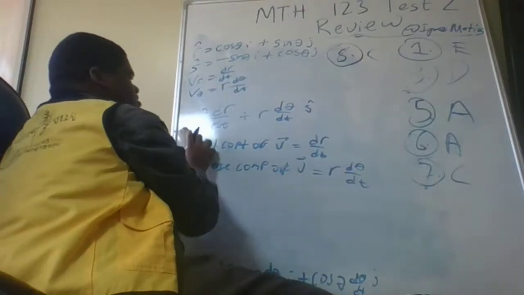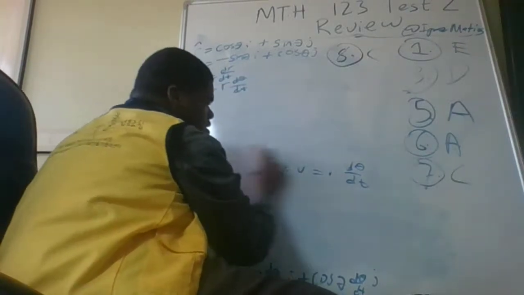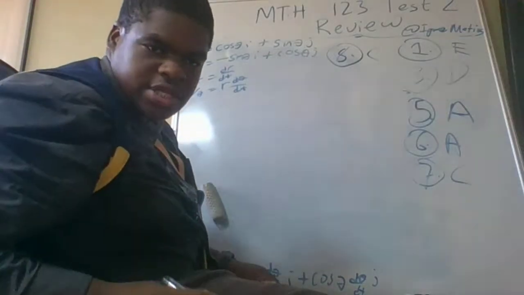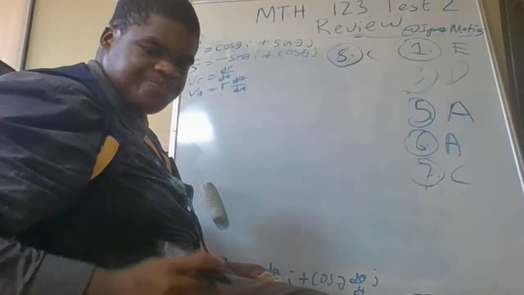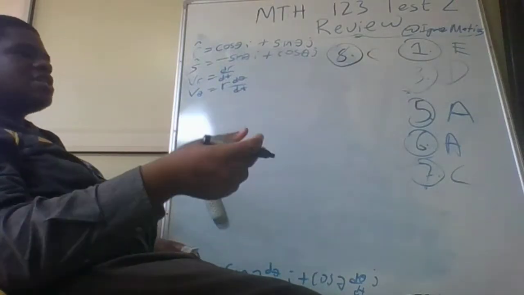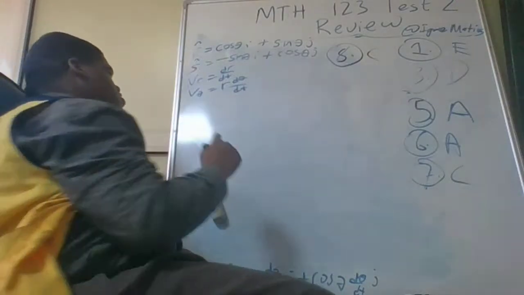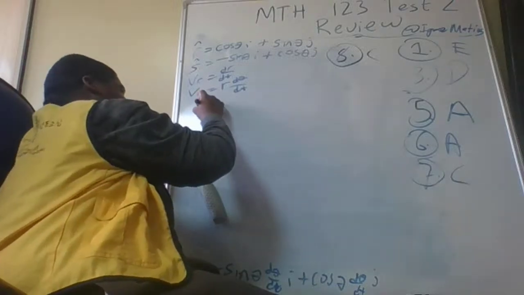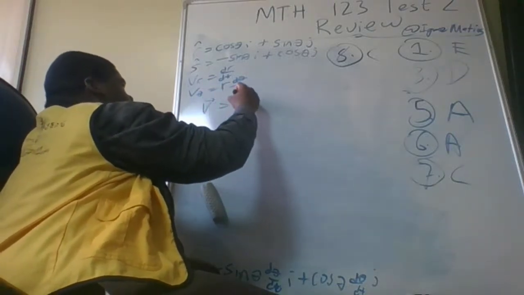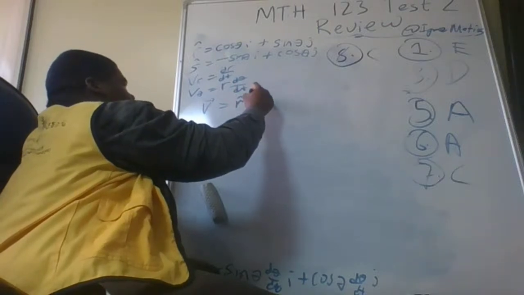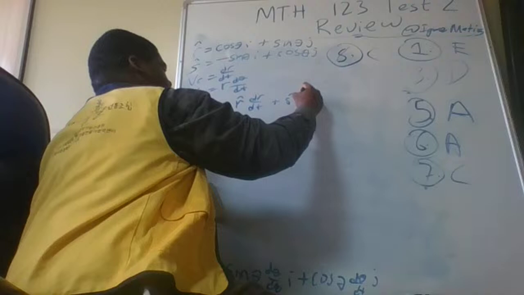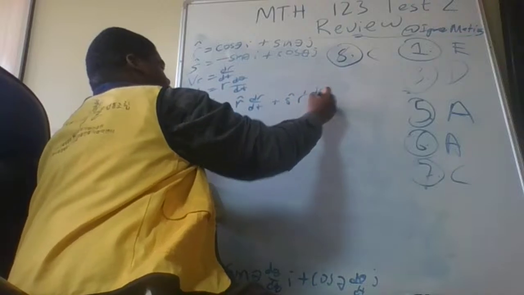Now let's find our acceleration, our radial component of acceleration and our transverse component of acceleration. To find these, we have to differentiate our velocity again. So now let's do that. We have our velocity is equal to r dr dt plus s r d theta dt.